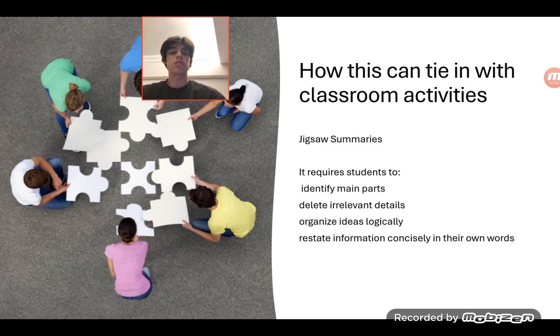Finally, the whole group pieces together all sections like a jigsaw puzzle to form a complete understanding. What it does is it requires students to identify main parts, delete irrelevant details, organize ideas logically, and restate information concisely in their own words.